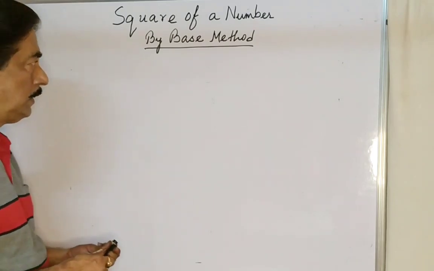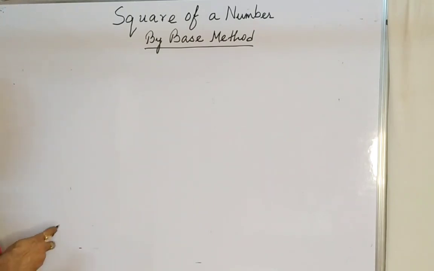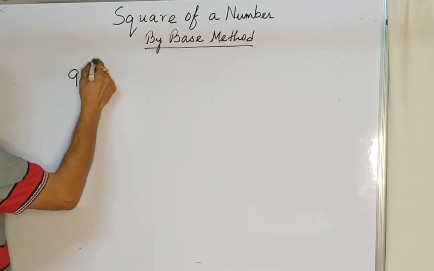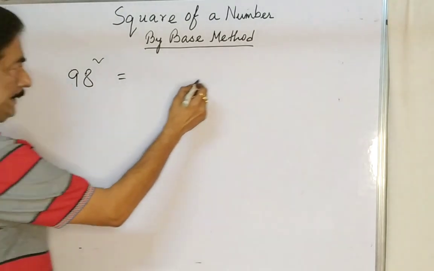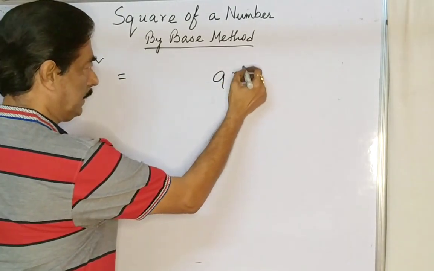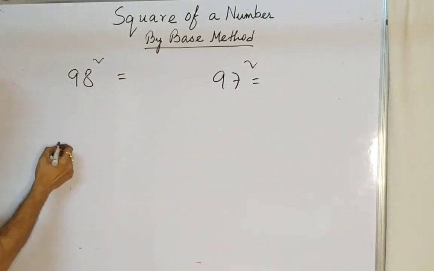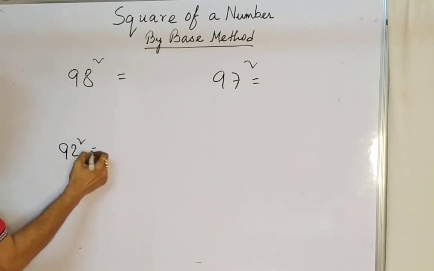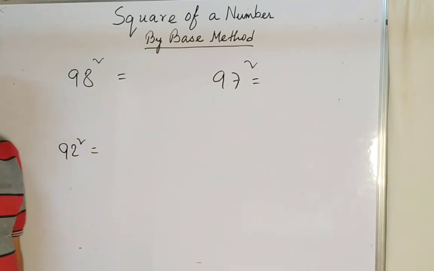Now, let us consider 98 square, 97 square, 92 square. Today's numbers are those where the examiner gives a number which is very near or close to 100.